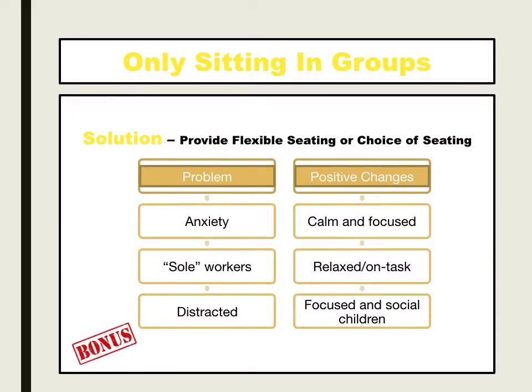Another issue that I found with working in a traditional guided reading setting is only sitting in groups. So I started providing flexible seating. Sitting in groups can create a lot of anxiety for our struggling readers, frustration for what I call our solo workers, those kids that like to be on their own, and distraction for our social, distractible kids.